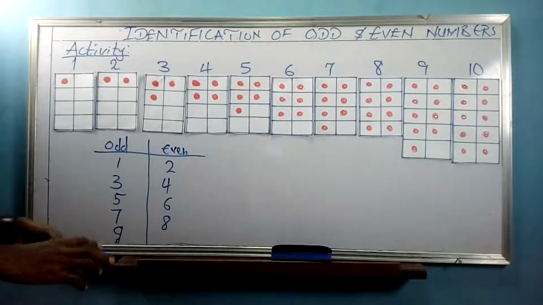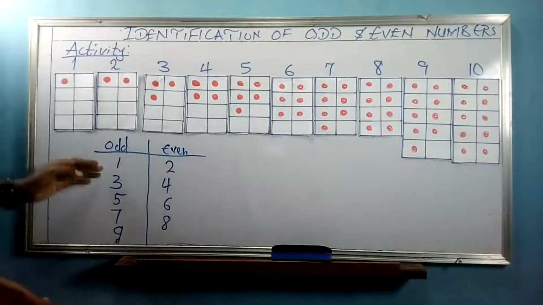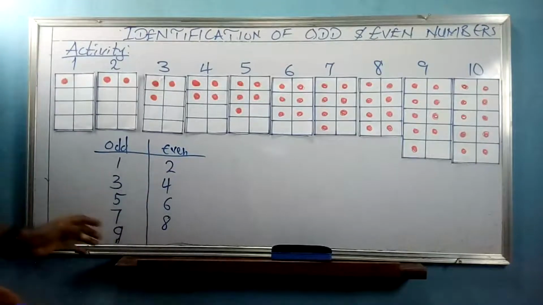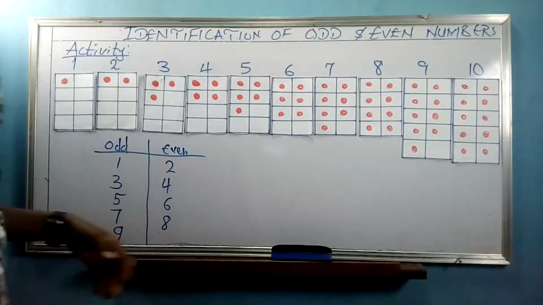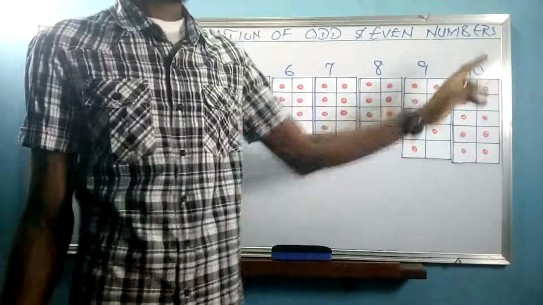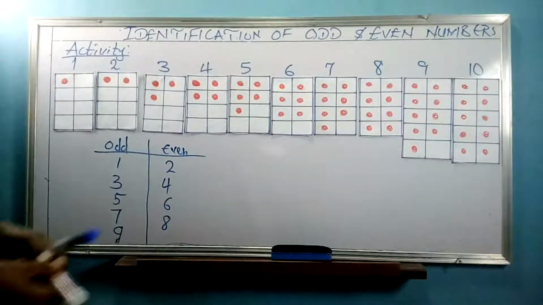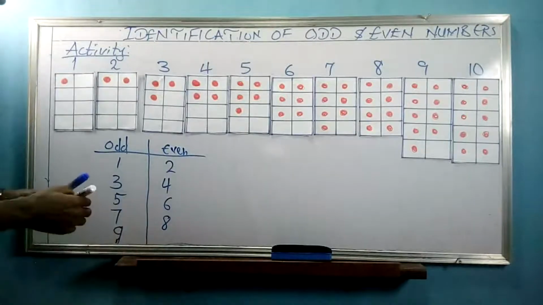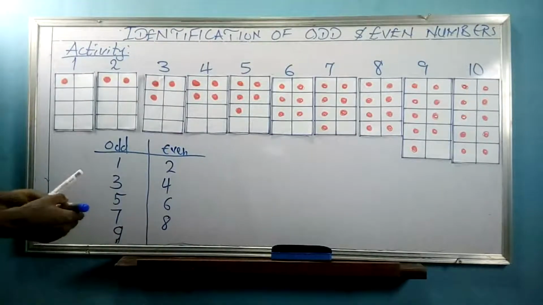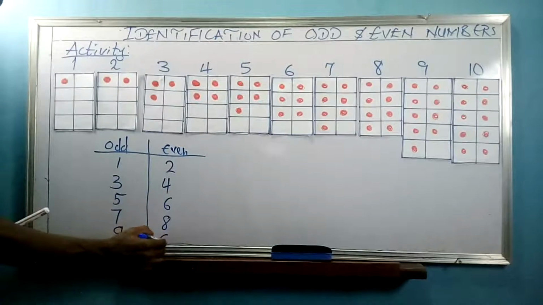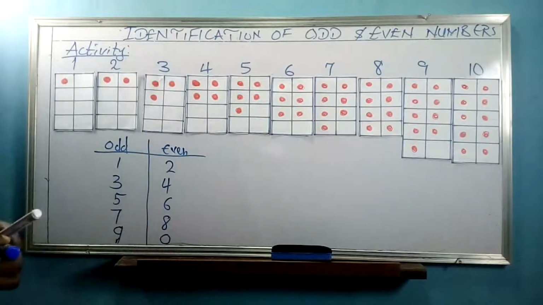What we want to derive there is that any of these numbers that ends with 0 is an even number. Please don't forget that any number that ends with 0 is an even number.